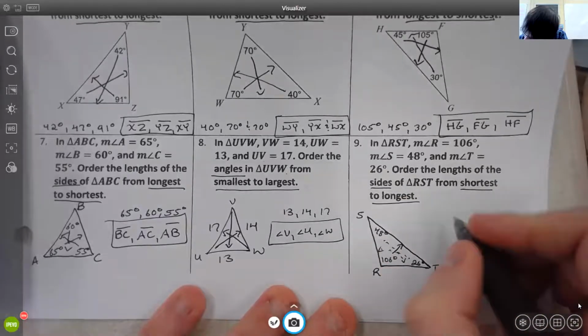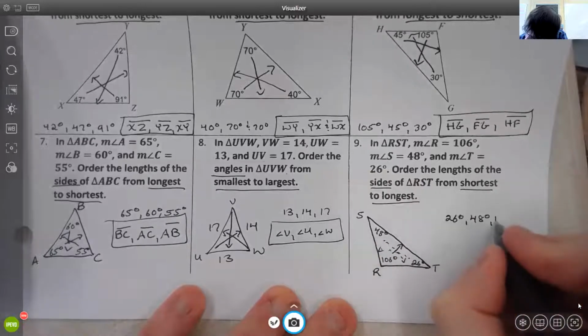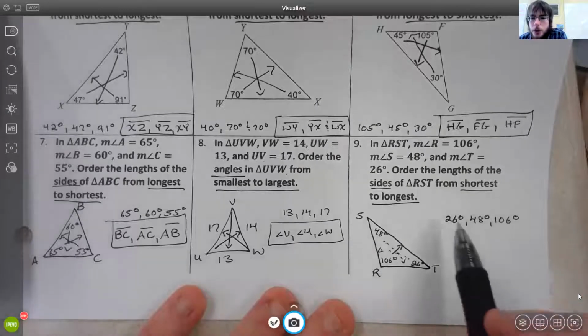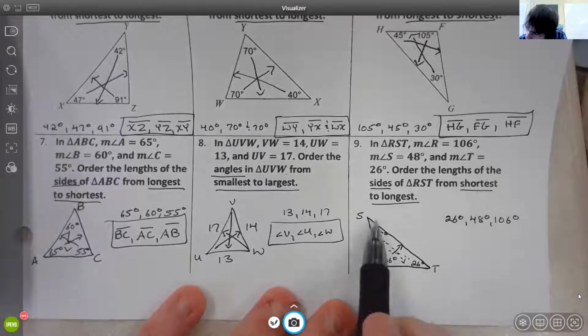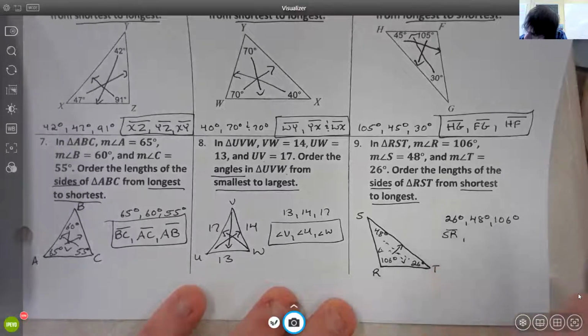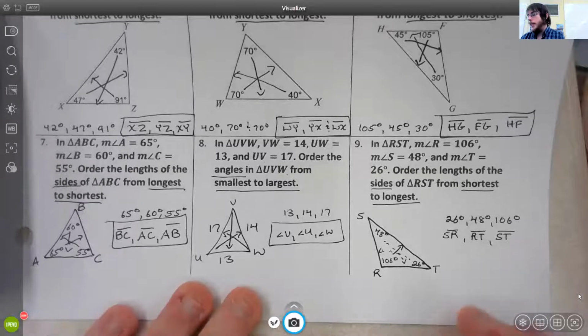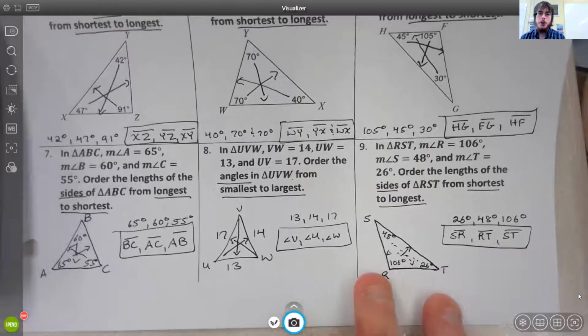Our smallest angle is 26, our next one is 48, and our largest is 106. So what we would do here, 26 points to SR, 48 points to RT, and 106 points to ST. Okay, and that's how you list things in order using either the angles or the sides.